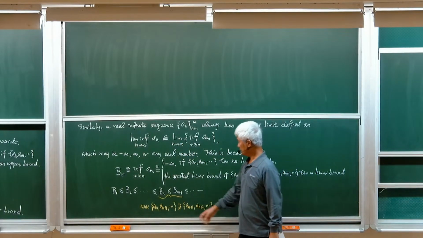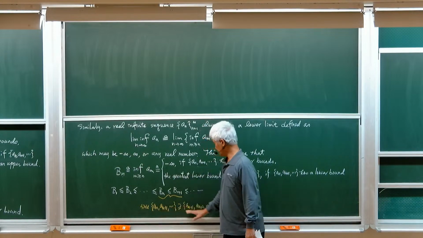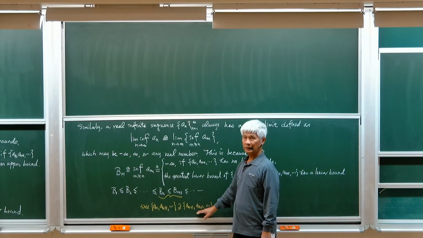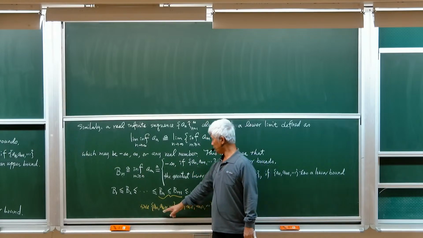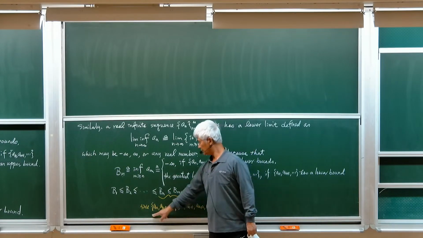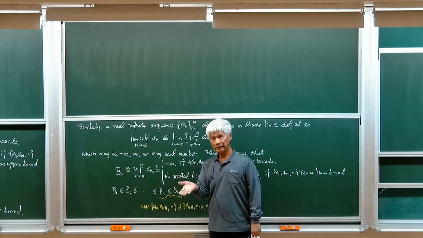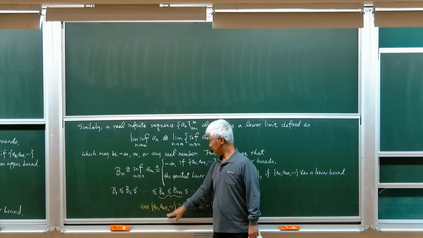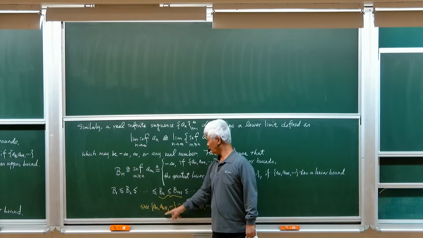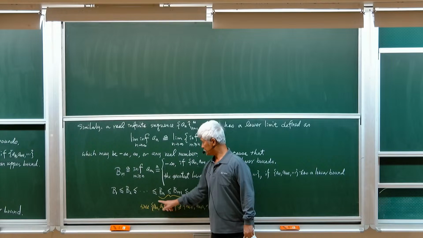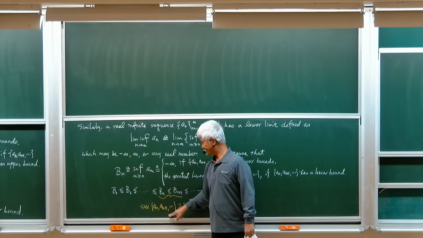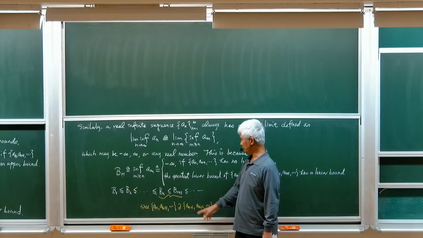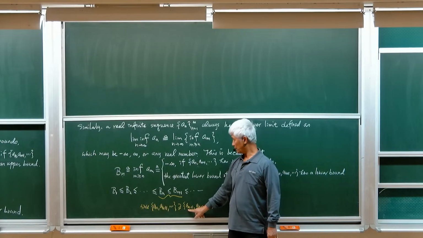Okay, so this is bigger and this is smaller. And so the greatest lower bound, because you have more possible choices, would be less than or equal to the greatest lower bound of this smaller set.